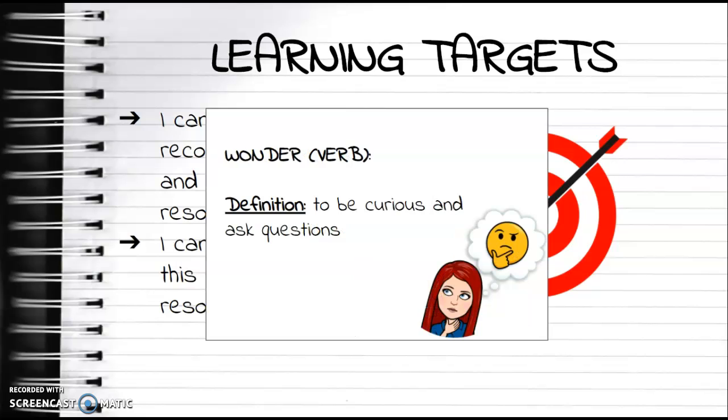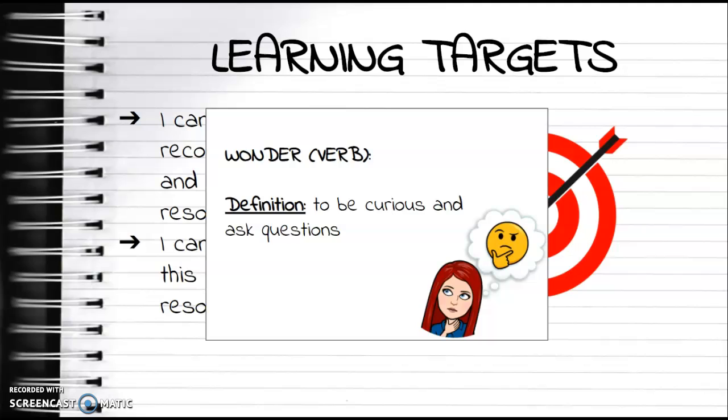Wonder is another vocabulary word. This is also a verb. And remember that a verb is an action word. Wonder means to be curious and ask questions. So as we move forward, when I say, what do you notice? You're going to tell me things that you see. But when I ask you, what do you wonder? You're going to ask me questions.